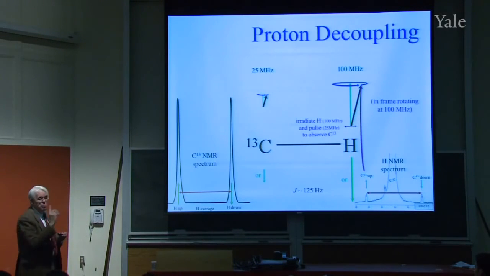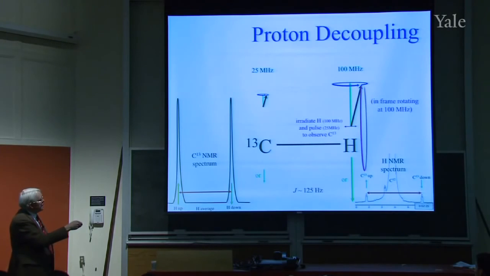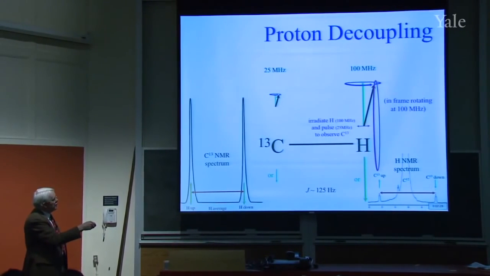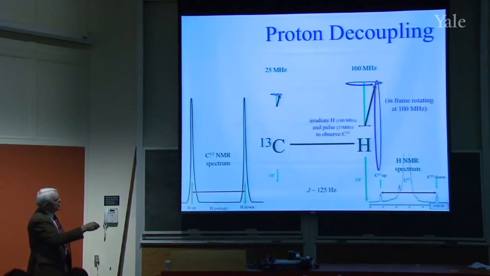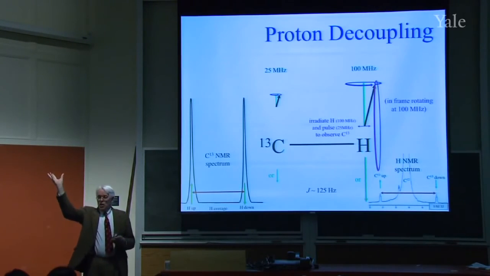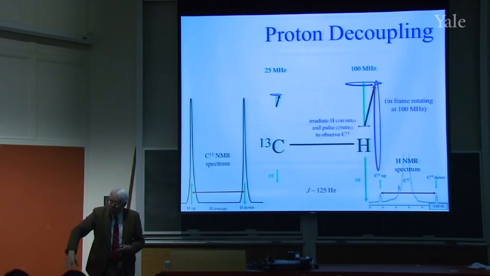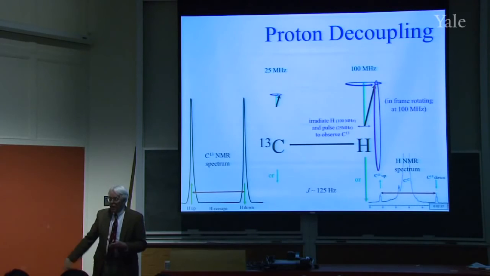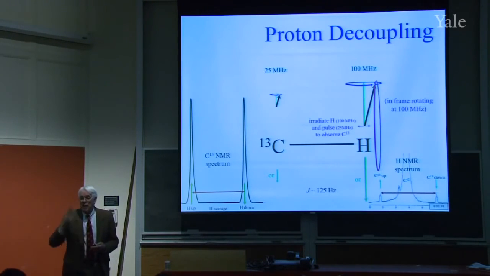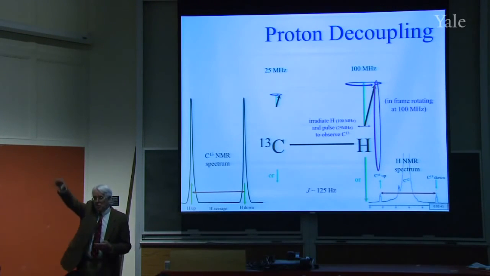If you were in a frame rotating at 100 megahertz, you'd see that this little 100 megahertz field is going to cause the hydrogens to precess like this, to go up, down, up, down, up, down. What determines how fast they go up and down? How fast they precess?